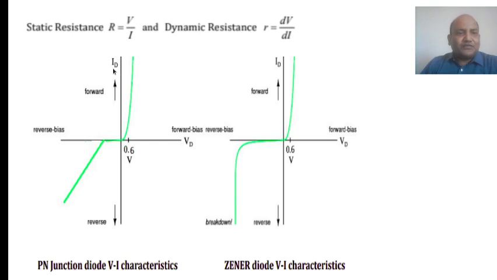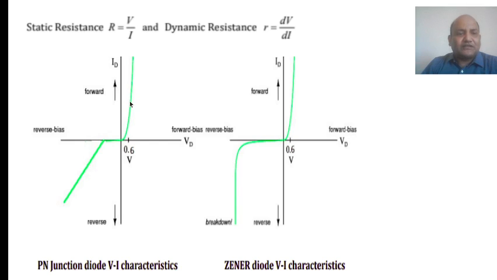From this graph you can calculate static resistance and dynamic resistance. If you consider a point here, then this point will give you the static resistance.